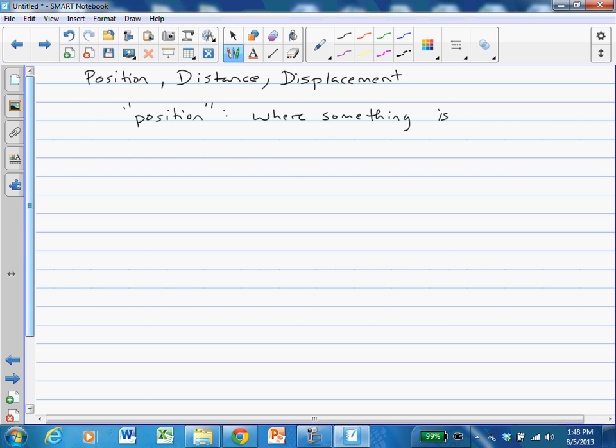And since these objects move around in space, position's symbol is just S for space.